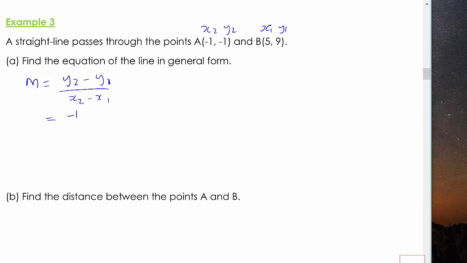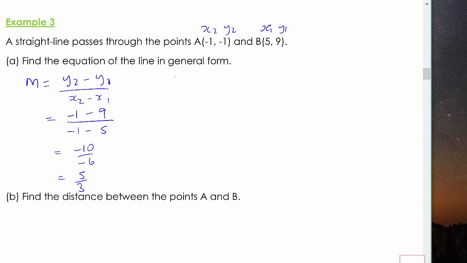So that's -1 take away 9 over -1 take away 5. So that's -10 over -6, which is 10 over 6, or if you like, 5 over 3.